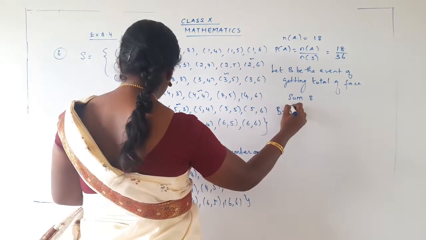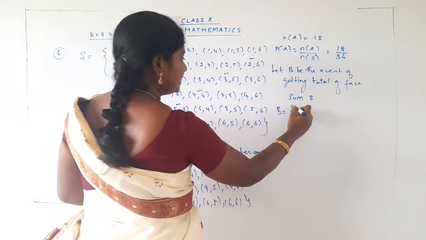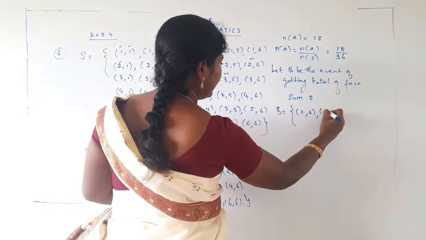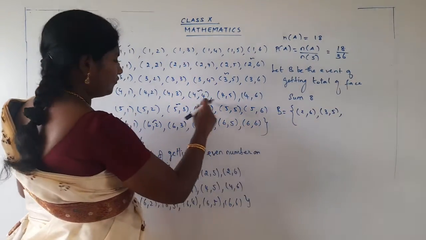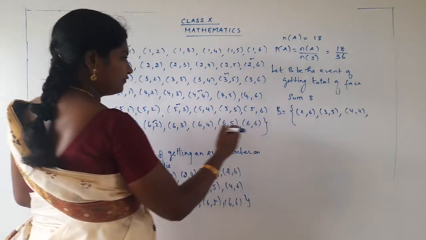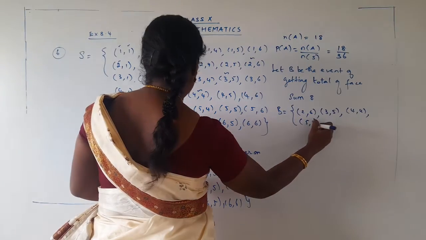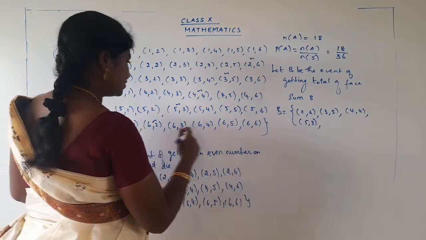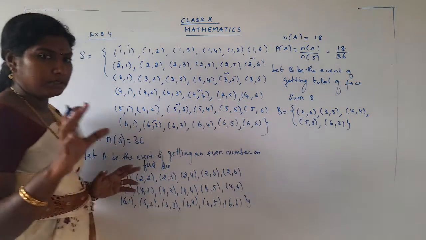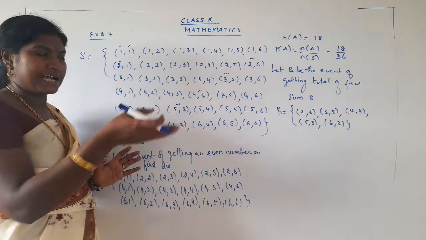B is equal to, here 2,6, 3,5, 4,4, 5,3, 6,2. So these are the possible outcomes which satisfy the given event.